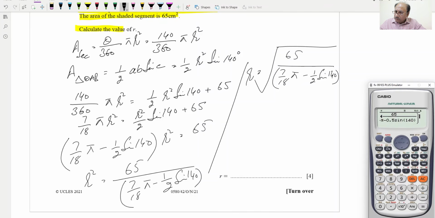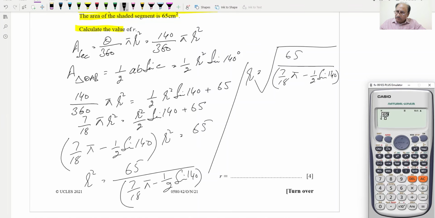We need to fix the brackets here, and again we are getting some error, so I will retype this one.